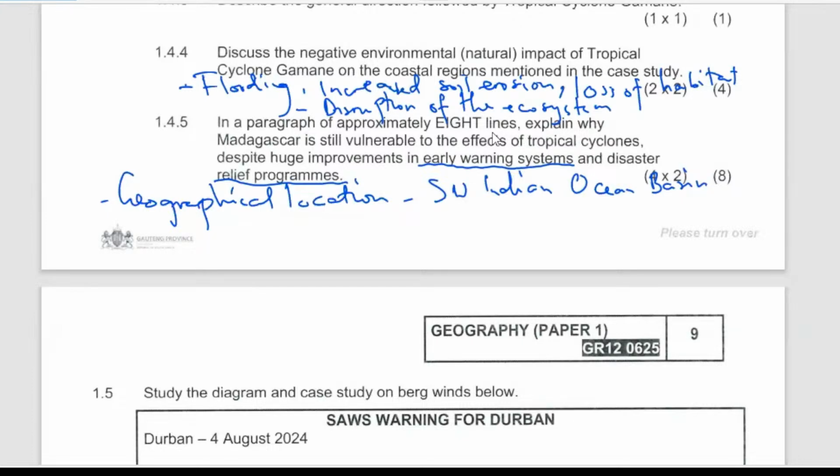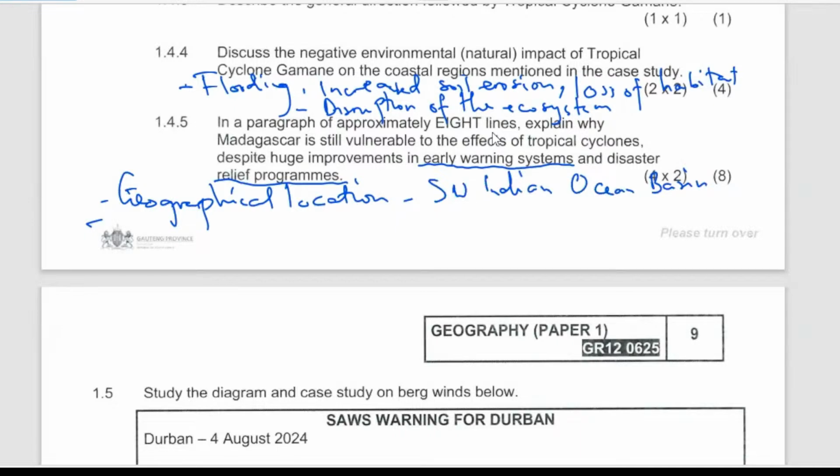So despite the efforts, the geographical location will still expose it to the dangers of the tropical cyclones because of its location. That is where most of the natural disasters strike, especially the tropical cyclones. They strike that area because of its position. Madagascar is still vulnerable. It will still be affected, and it will still be affected because it's frequent. Its geographical location facilitates the frequency of those natural disasters.